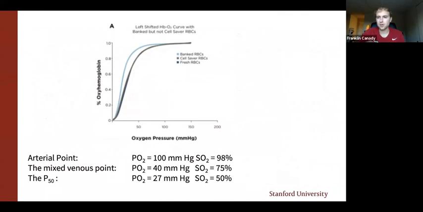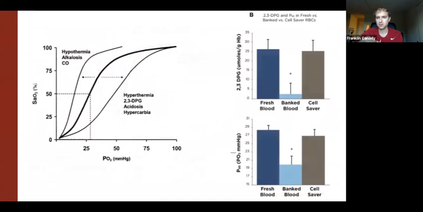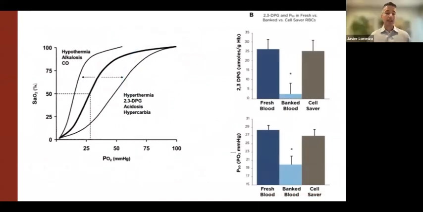Sorry to interrupt, but the idea there is the cell saver would be the individual's own blood. Is that correct? Yes, exactly. It's blood that has not been banked. It's blood that has been collected pretty fresh from when the patient has lost it. You process it, you clean it, you spin it, and now you're ready to transfuse it.